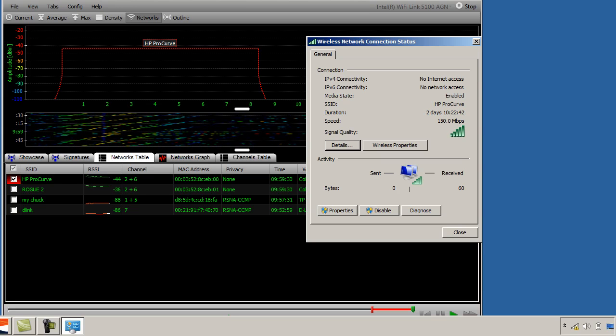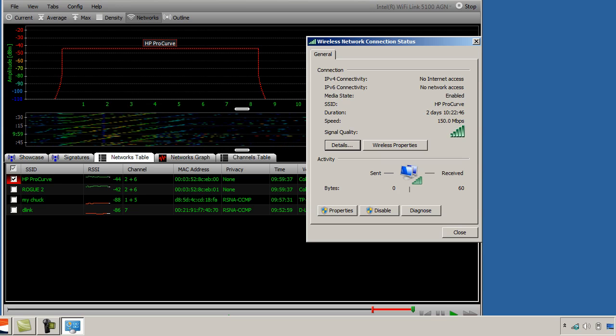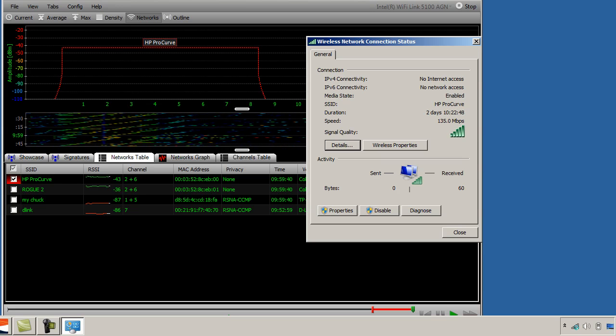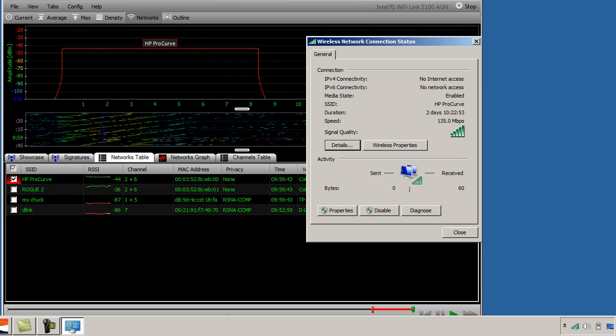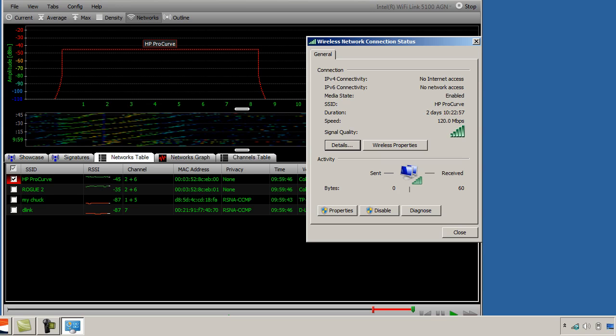And then I can use that information to determine my coverage plan, how many access points I need to get full coverage, and also my capacity plan, how many access points I need in order to get to the minimum data rate that I think is acceptable for my users.